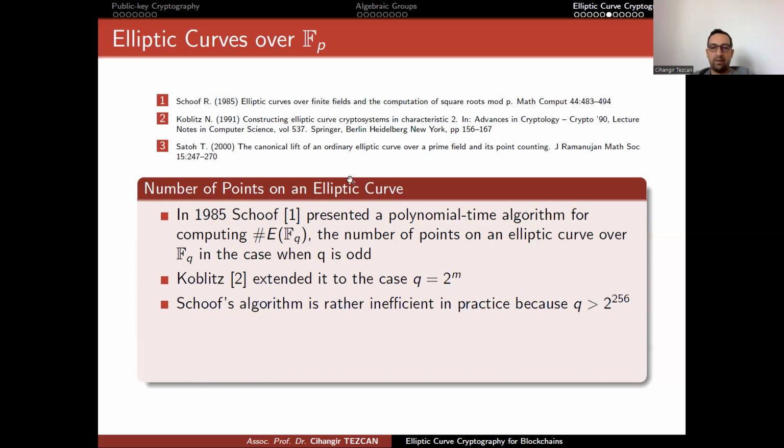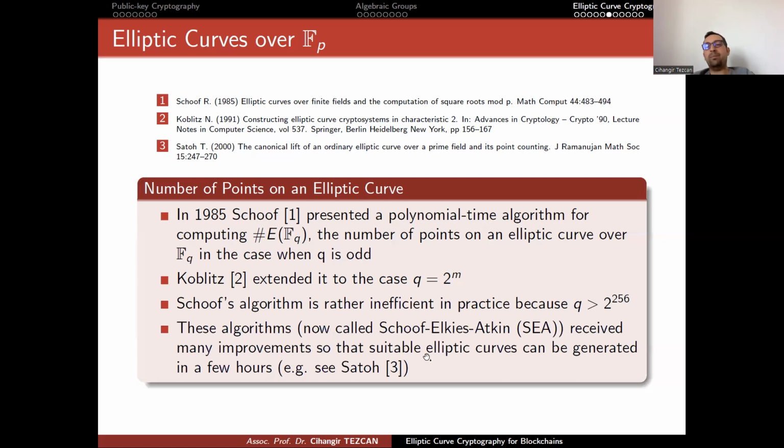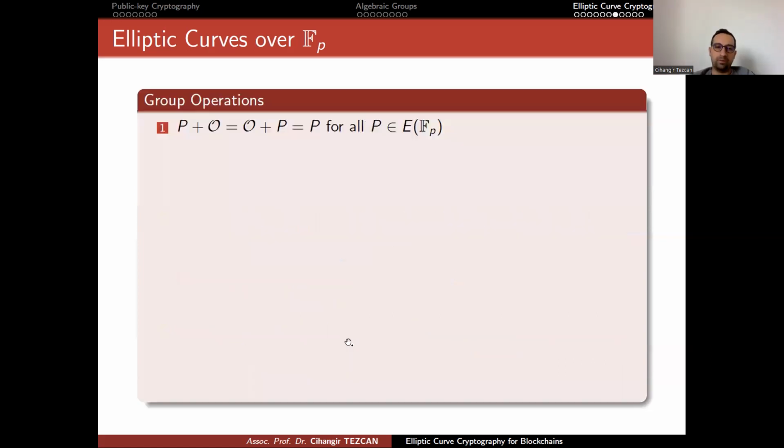Of course, these algorithms are polynomial time, but still inefficient because in practice q is really large. So there are many optimizations and many algorithms. Currently they are called SEA algorithms due to the works of Schoof, Elkies, and Atkin. They received many improvements, and in the end we can create such an elliptic curve suitable for our needs in a few hours. So we can easily come up with new elliptic curves.